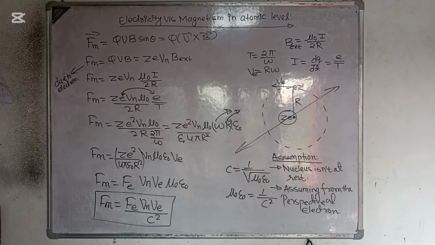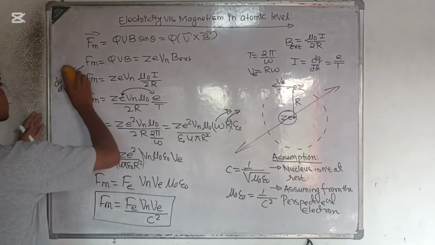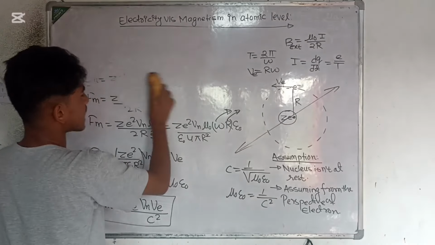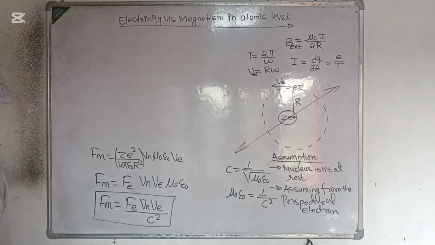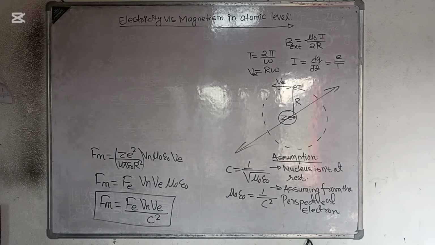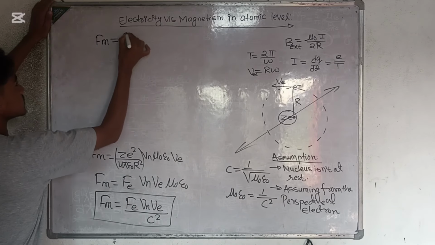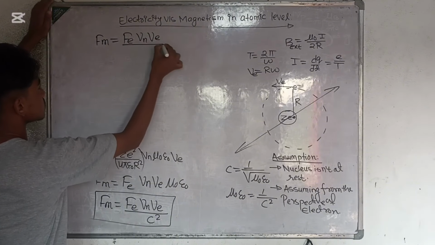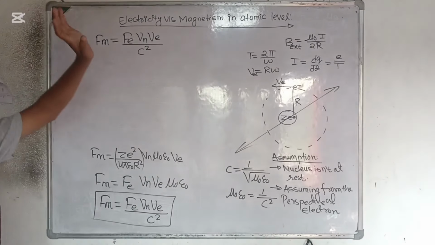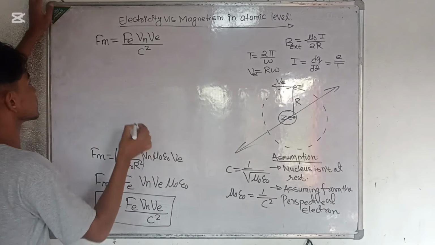So what is this equation telling us? Now I am just solving this portion, and you don't have to write it down. I am not teaching anything, because I am just sharing my own ideas on the subatomic level. So you can write Fm is F electrostatic times velocity of nucleus, velocity of electron over speed of light squared. Now I am rearranging this equation in order to get a better result.